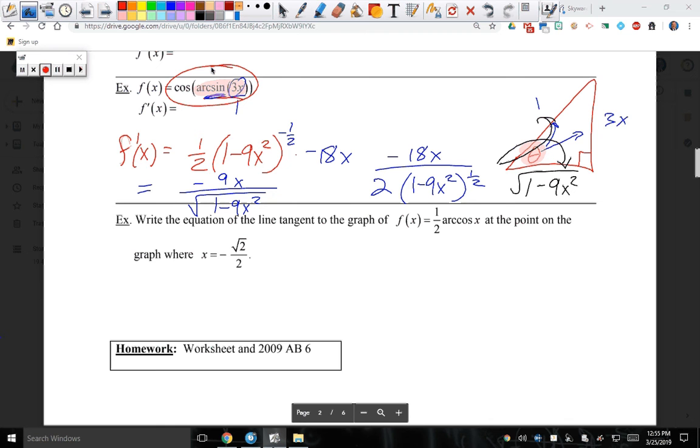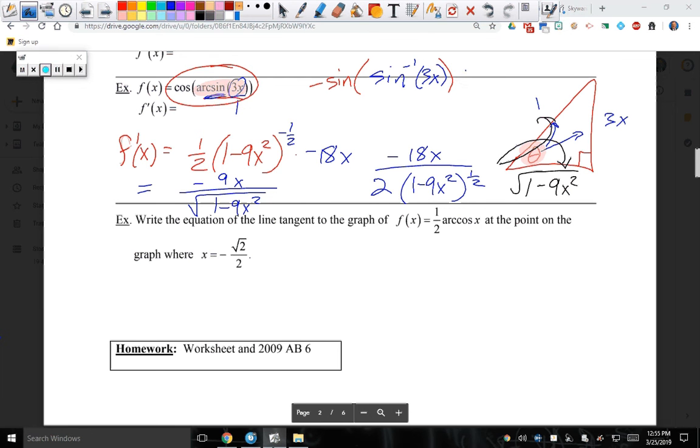If I derive this right from the start, the chain rule says, what's the derivative of cosine? That's the outer shell. Negative sine of the stuff times the derivative of the stuff.